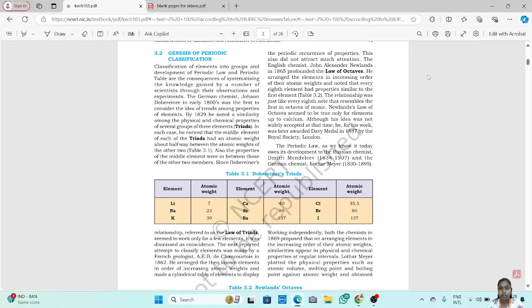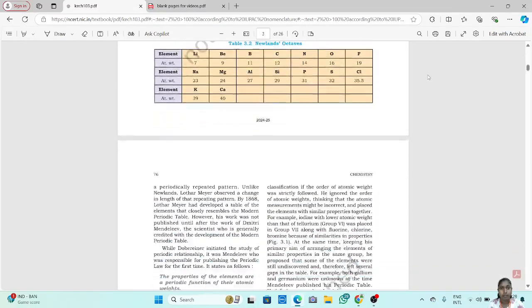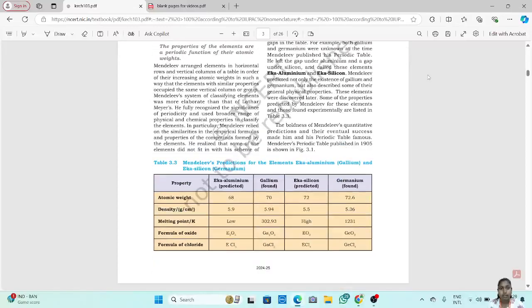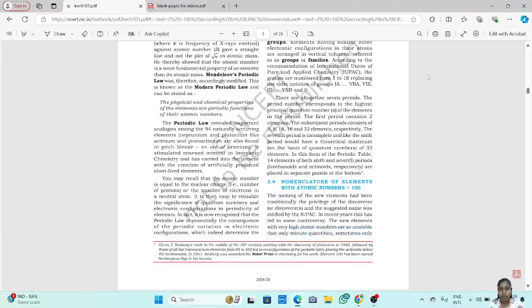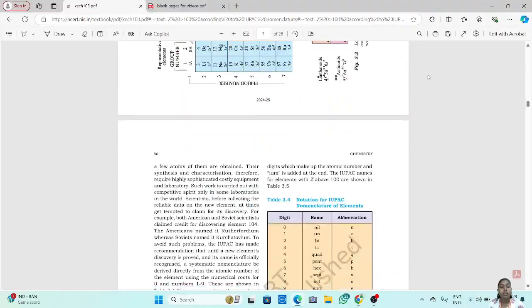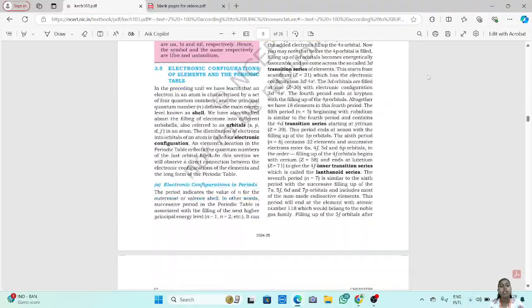In that we have seen triads, law of octaves, law of triads, then Mendeleev's periodic table, modern periodic table, and also nomenclature. Now, in today's video we will see about the electronic configuration. Electronic configuration of elements and the periodic table.